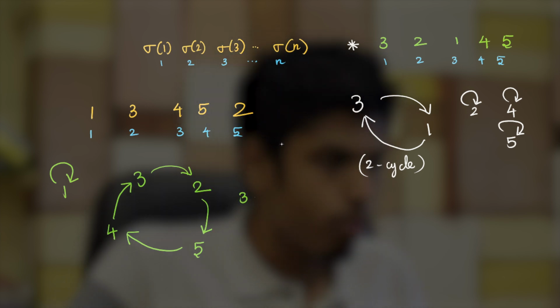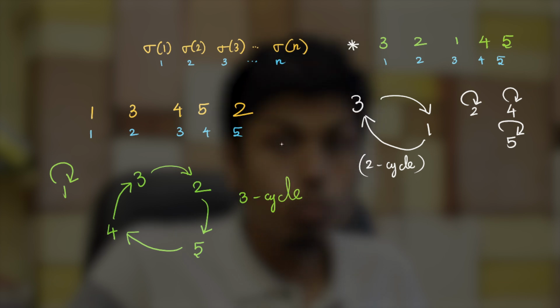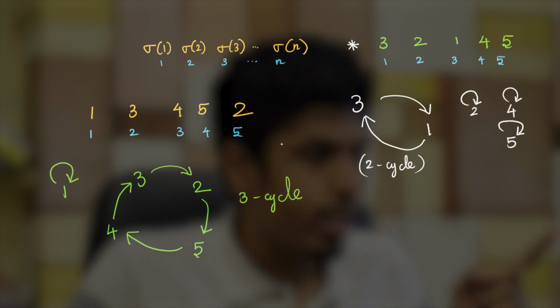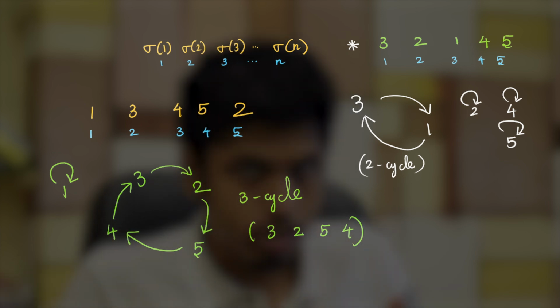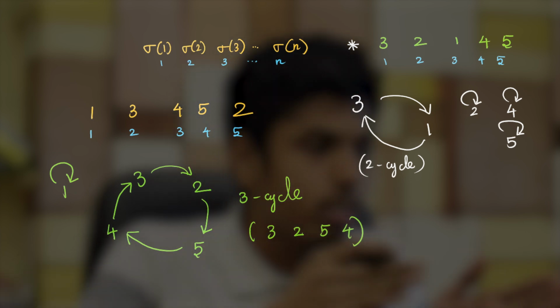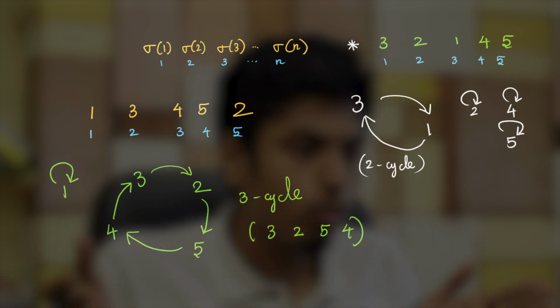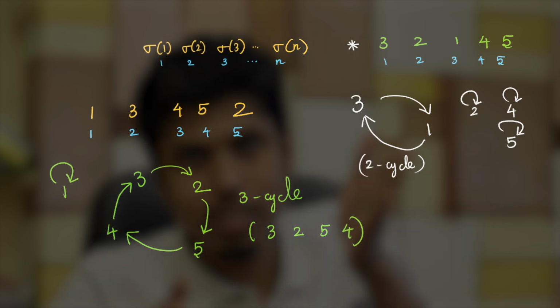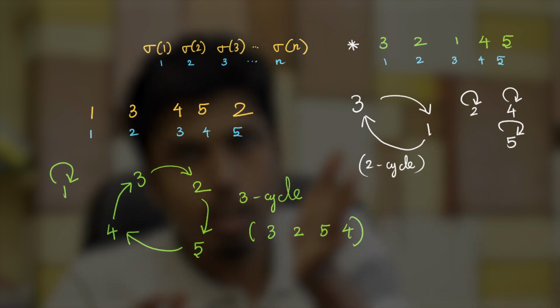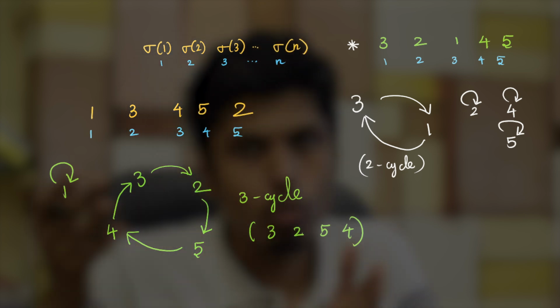So this permutation contains one 4 cycle, namely 3, 2, 5, 4 in that order. Here 3, 2, 5, 4 means number 3 occupies the place 2, number 2 occupies the place 5, number 5 is on 4, and number 4 is on 3.